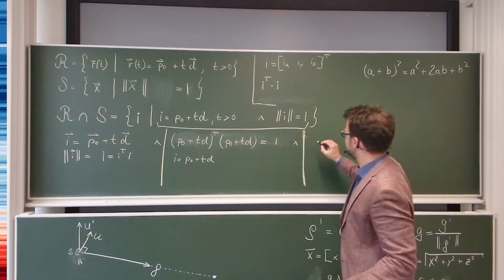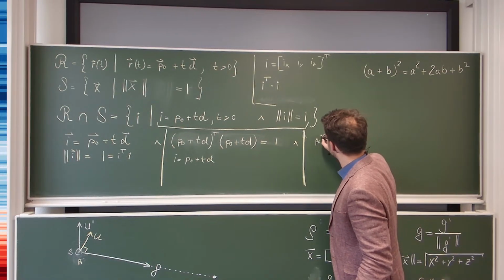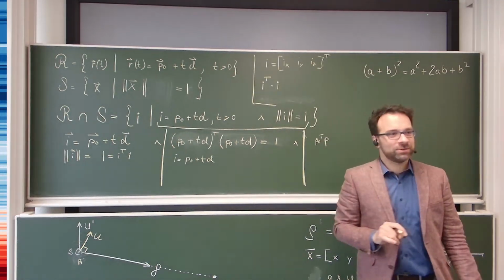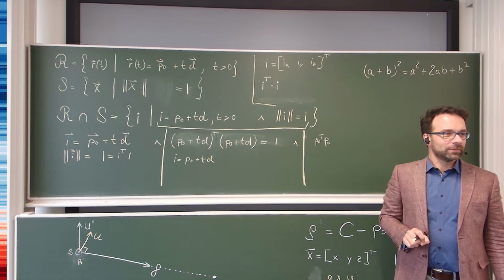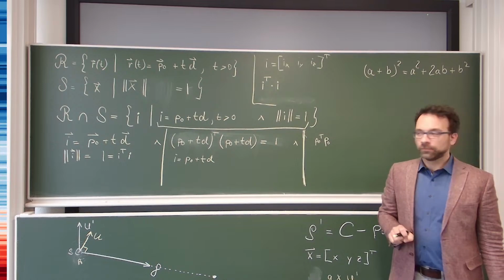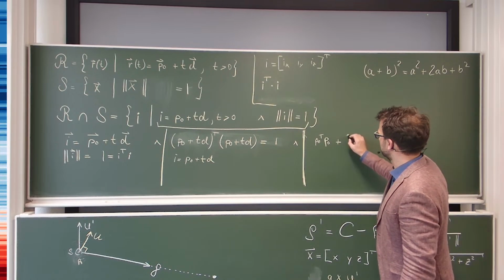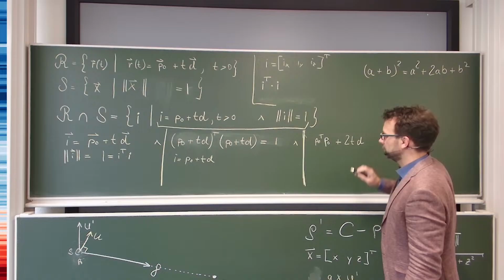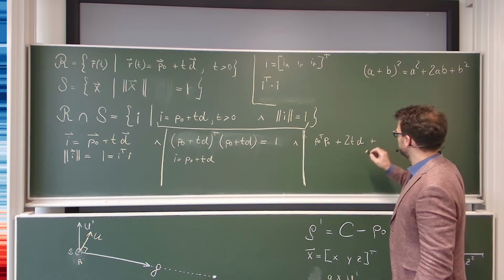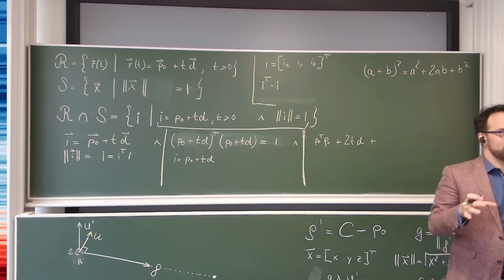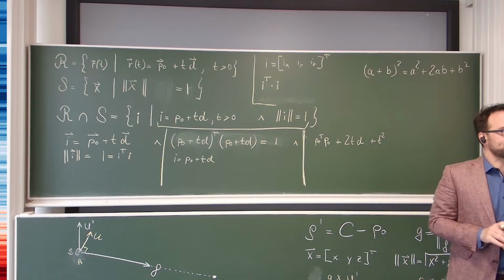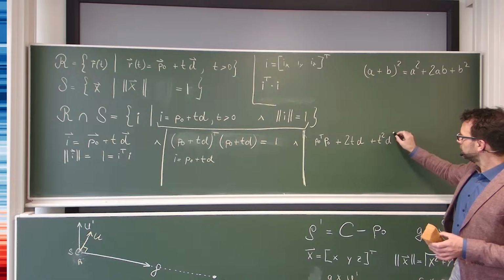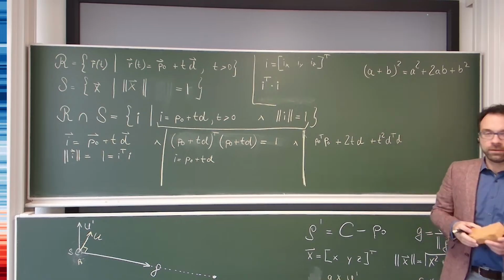P0 squared is a bit difficult to write or to do, so we learned that we need to write it that way. P0 squared. Okay. Plus 2 td, that does work, plus, now we need to square a vector, but we can square t, and then again, dt d.